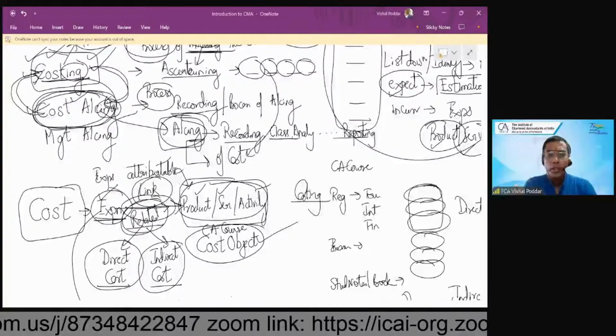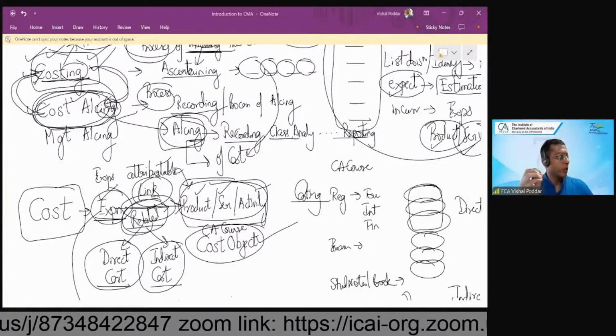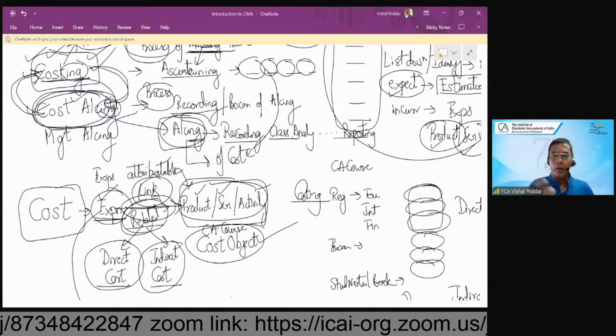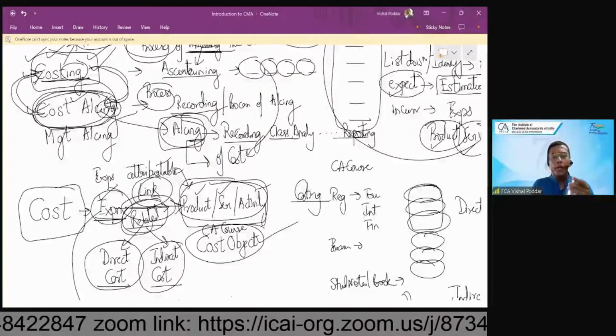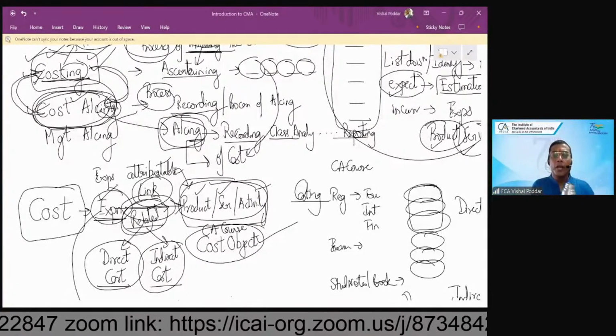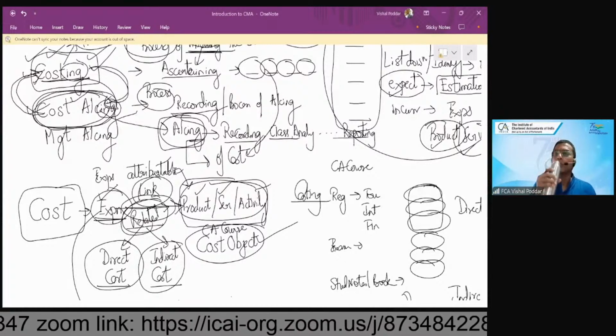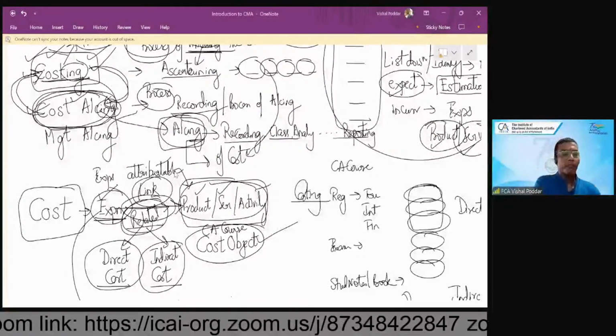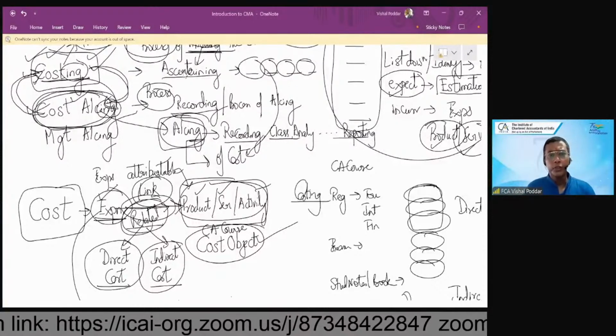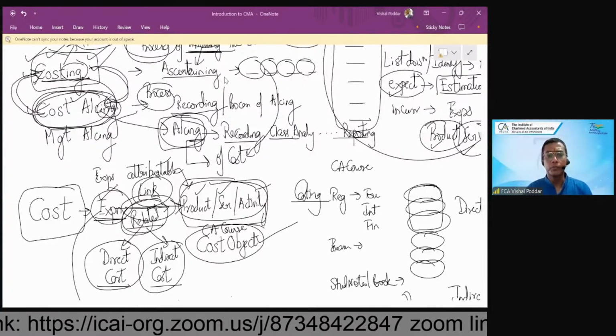You'll get to know that you are not required to learn because they are not asking straightforward questions like define cost, define costing. Only for a few concepts there may be a direct question, but it is not like define. Fine, I'll proceed.